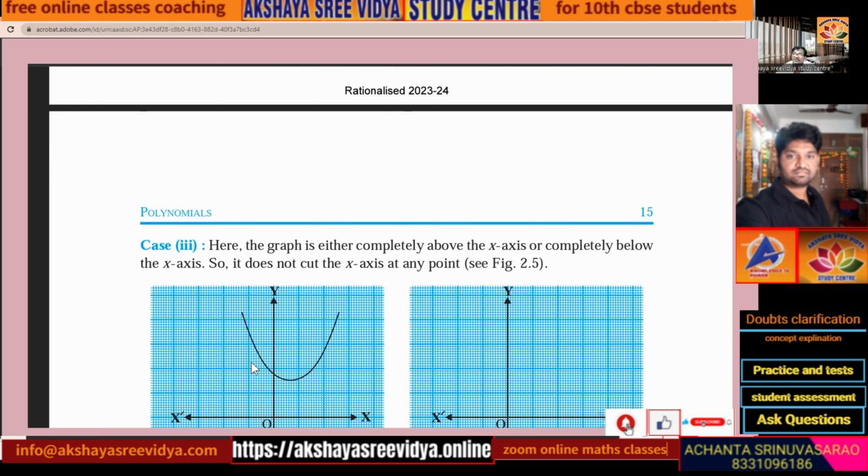Okay. Next, there are no roots. Here there is no intersection with the x-axis, so there are no roots here.